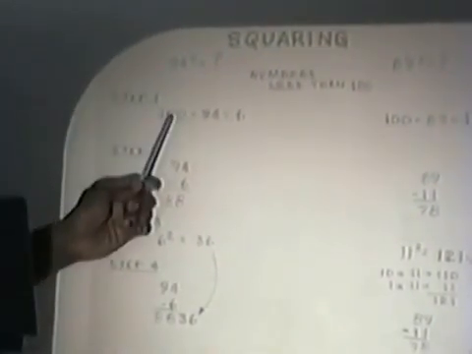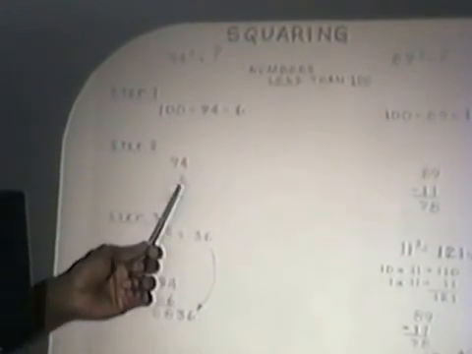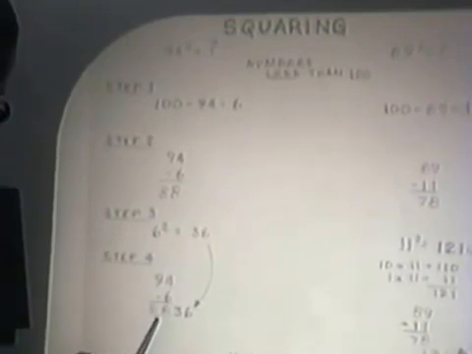We find out what you have to add to 94 to make it 100, which is 6. Then we take the 6 and subtract it from 94 and we get 88. Then we square the 6 and we get 36. We add that to the end, so we have 88 and 36. 94 times 94 is 8,836. That's how we did it.